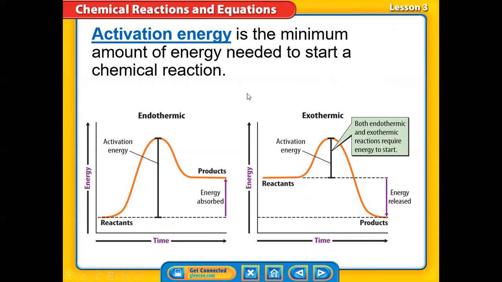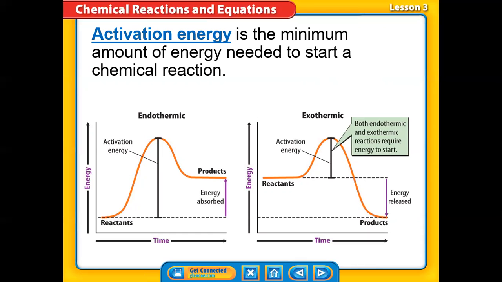So here, let's compare the endothermic and the exothermic reactions regarding the amount of activation energy. First, we start with the endothermic reaction. In the case of the endothermic reaction, we find that the reactants have too little energy, which is not sufficient to make the product. So the collisions of the reactants together are not enough to break down the bonds.